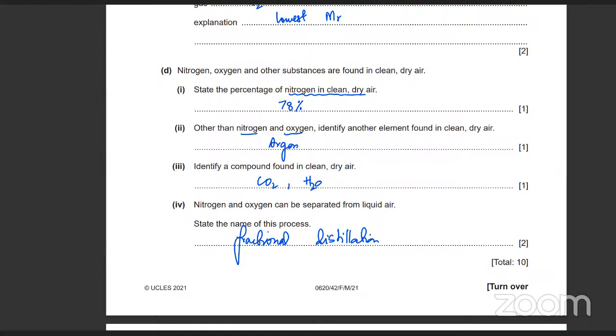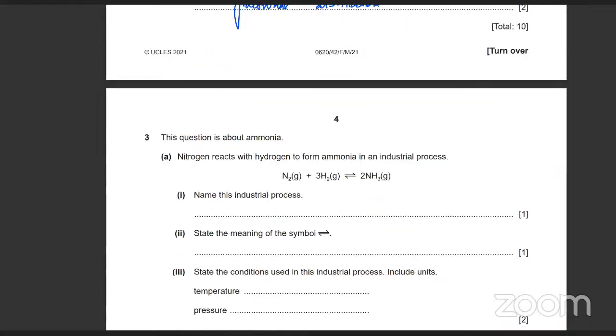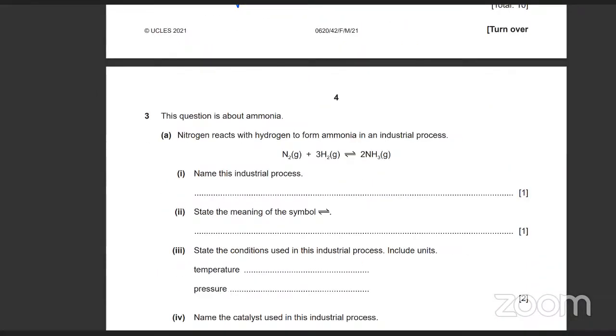That's the next part. Name the industrial process in which ammonia is produced. Haber process.